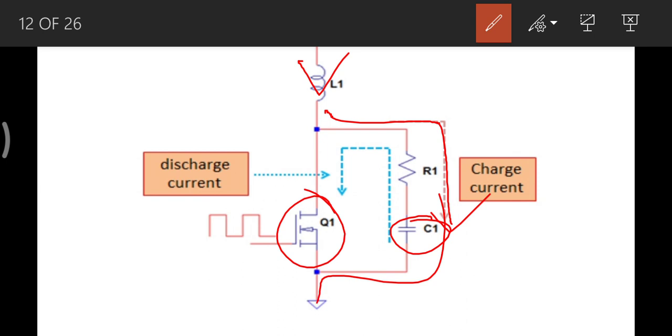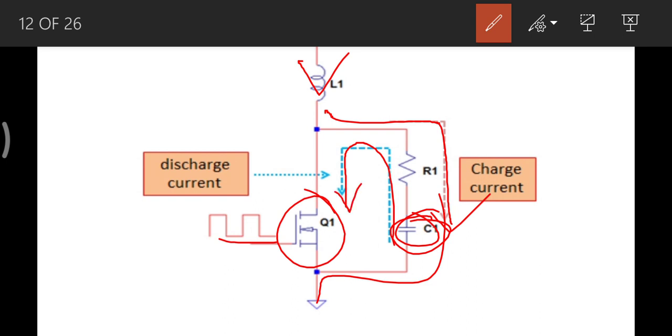When the pulse is applied to the gate of the transistor Q1, then automatically this transistor starts conduction. When it starts conduction, the capacitor C1 starts discharging the current this way.